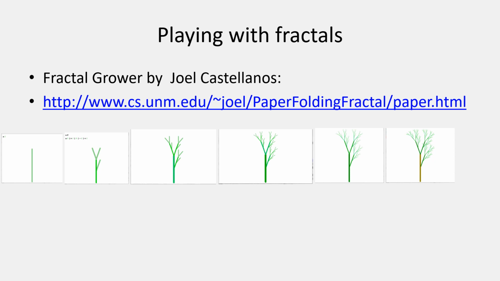If you're a good artist, you could probably paint or draw something like that. But to me, it's much easier to write a program that would draw something like that than actually take a pencil and reproduce it. So just to reiterate what's happening here, we start with a basis which is just one line, and our rule essentially takes a line and converts it into the shape that we see in stage 1.